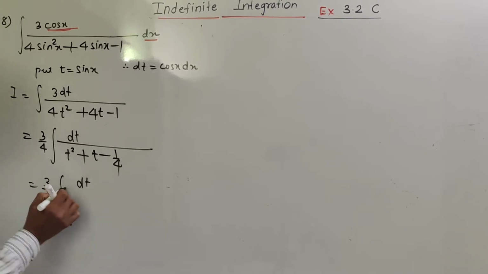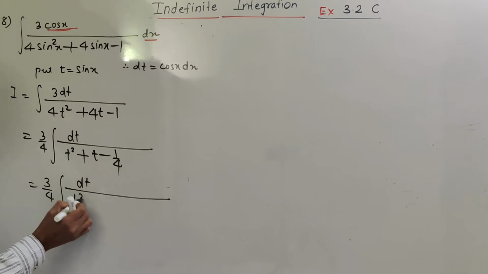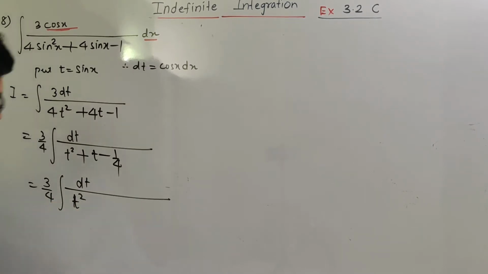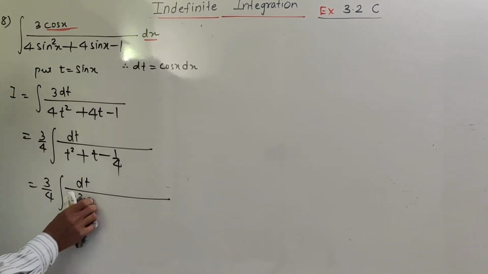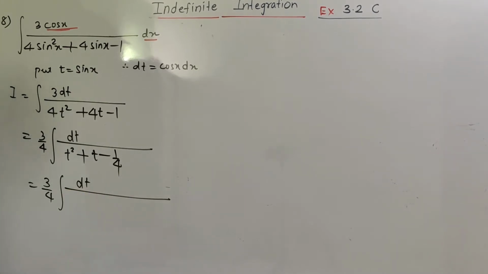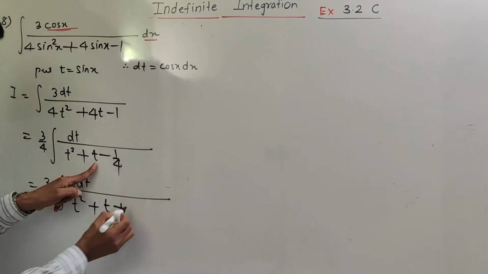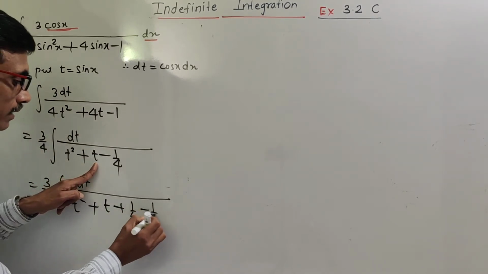So dt upon t square plus t plus, half of this is 1 by 2 and its square is 1 by 4, add and subtract.